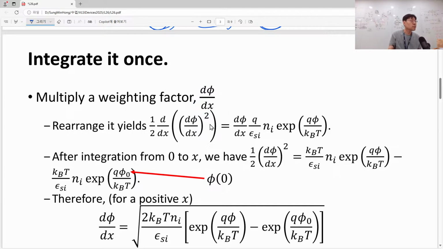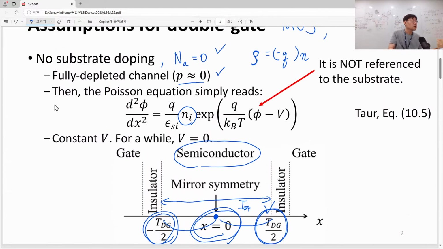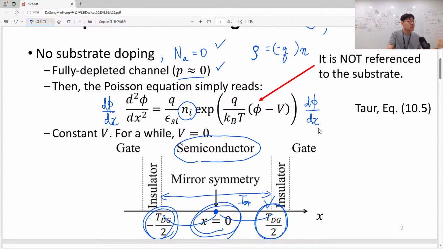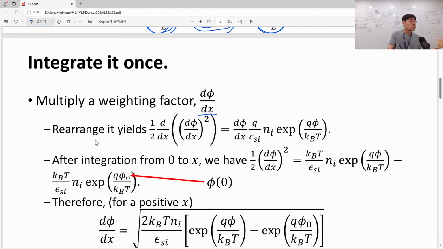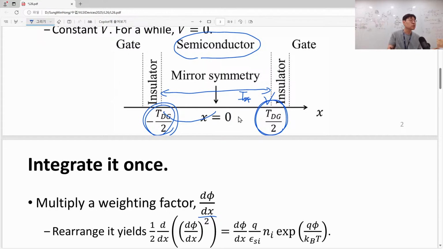So if we multiply by this, then we will have dφ over dx, and it is integrated from 0 to a certain position x, assuming that x is positive. This means we do the integration from this initial point up to a certain value x.